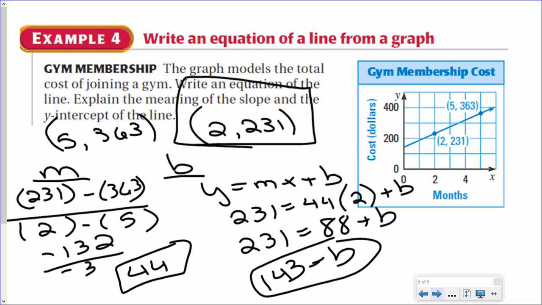All right, guys, so everything is the same as the previous problem. I found my m, found my b, and now I can write my final answer here. y equals 44x plus 143.